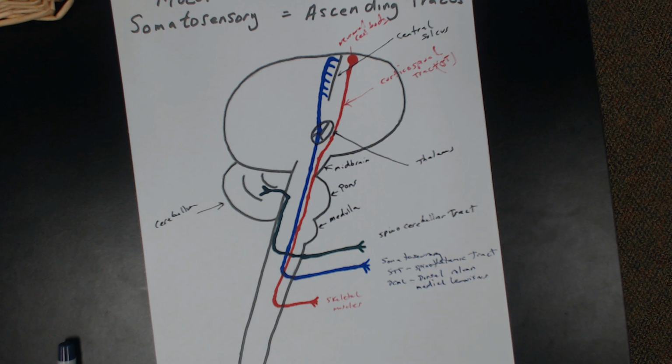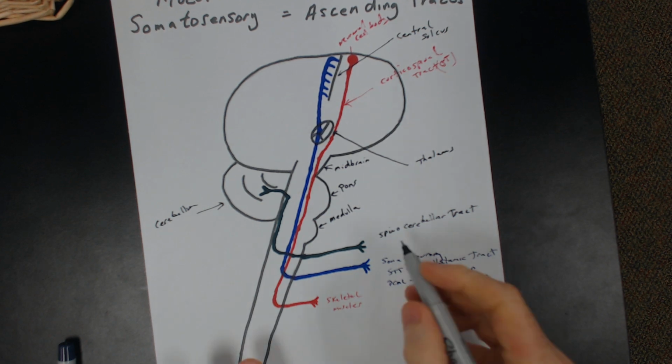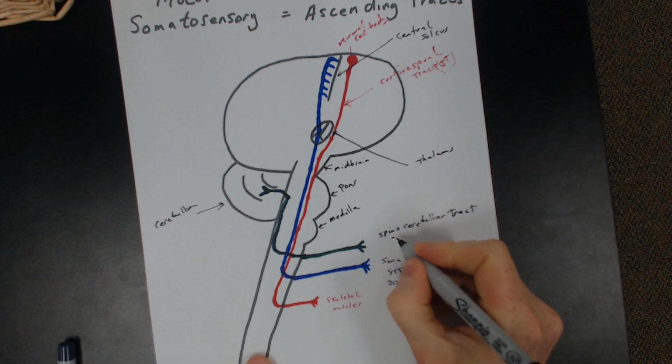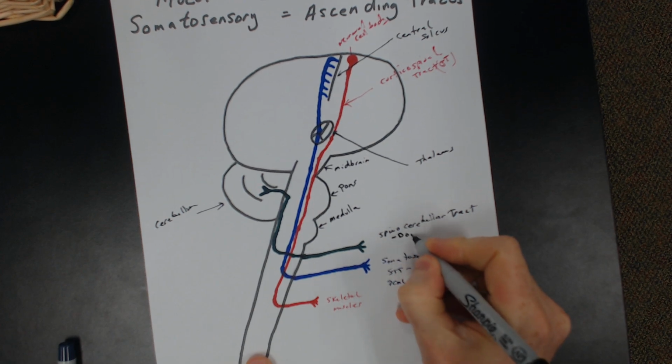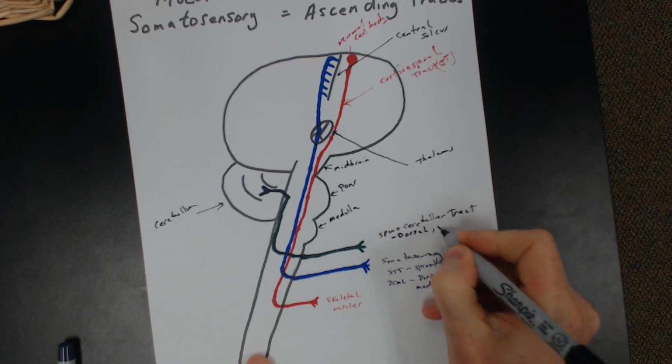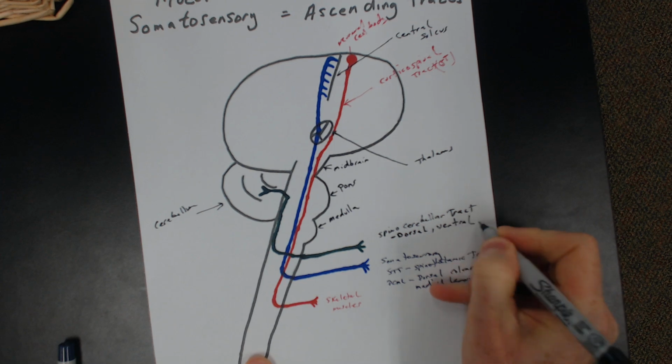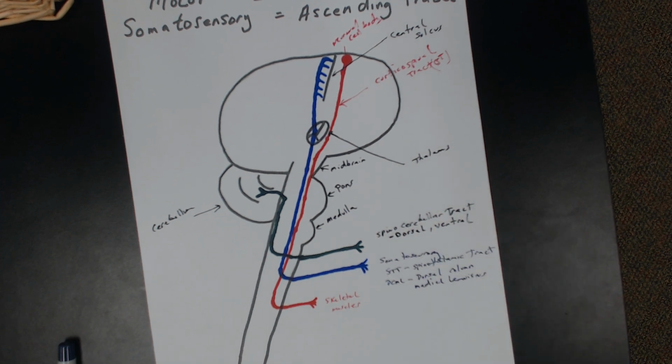Okay, for spinocerebellar tracts, what you need to know, there's two. There's going to be a dorsal spinocerebellar tract and a ventral spinocerebellar tract. And the role of these tracts is just to carry what's called non-conscious proprioception information, and we'll talk a whole lot more about that later.